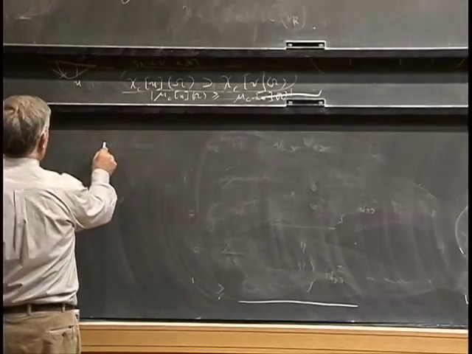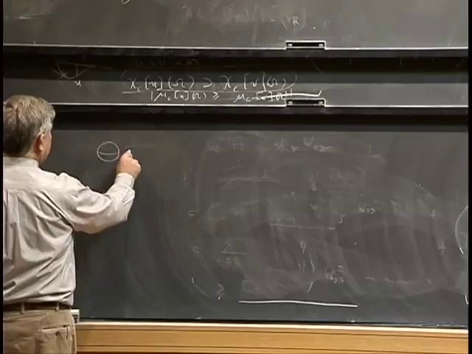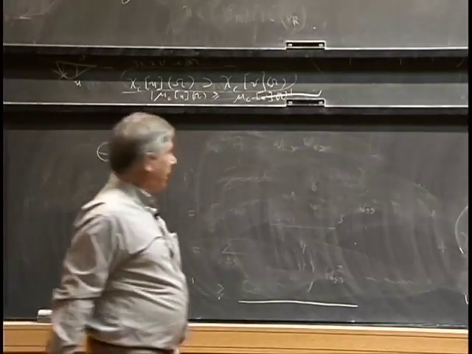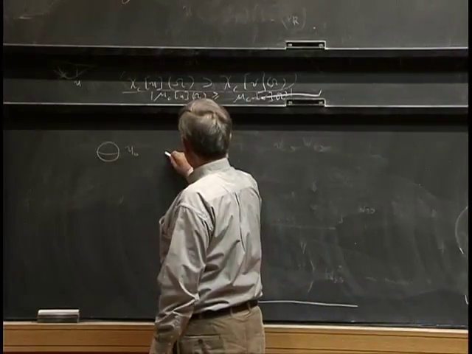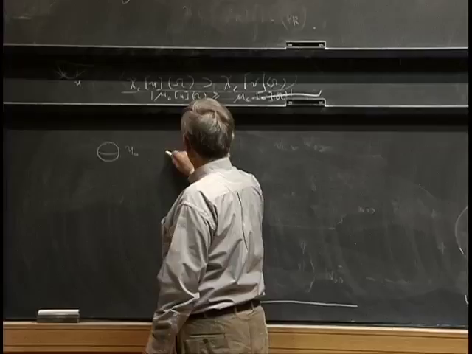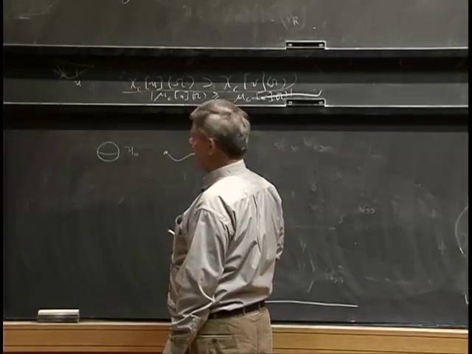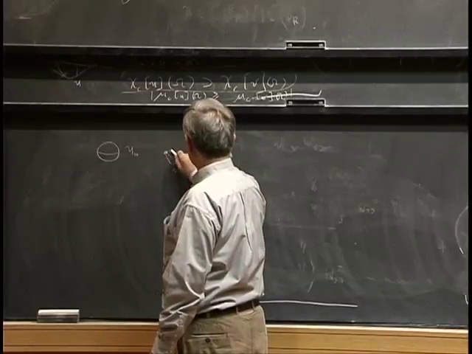So here's our small ball. We have some given function u0, which we now know is a generalized solution. There's a u0 there. And I want to solve for an elliptic solution with the same boundary values, some u.